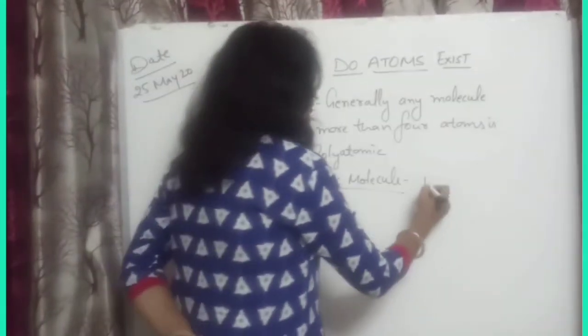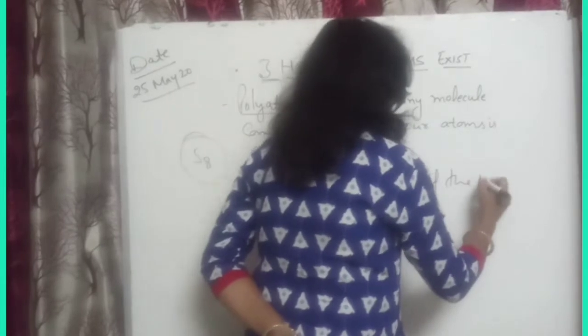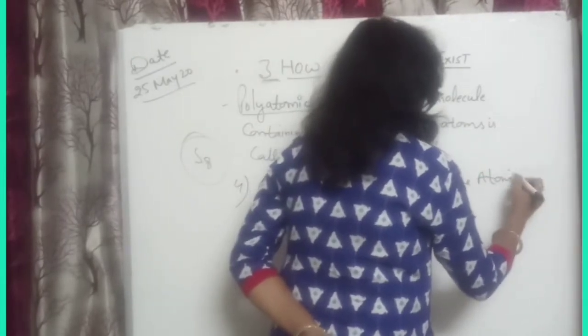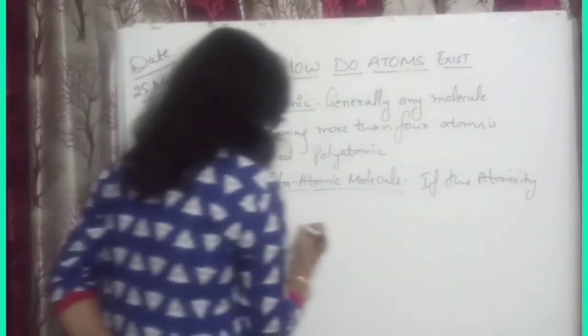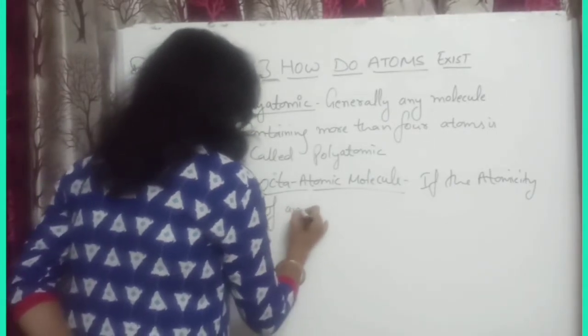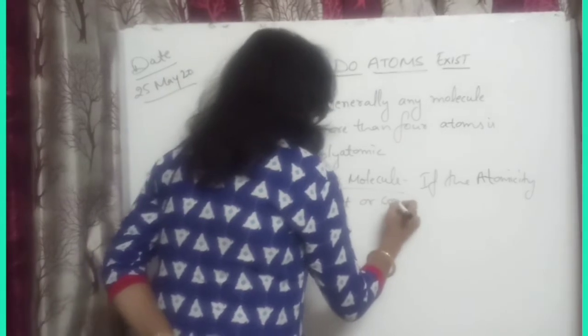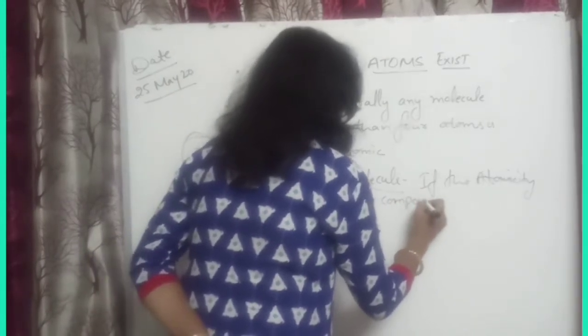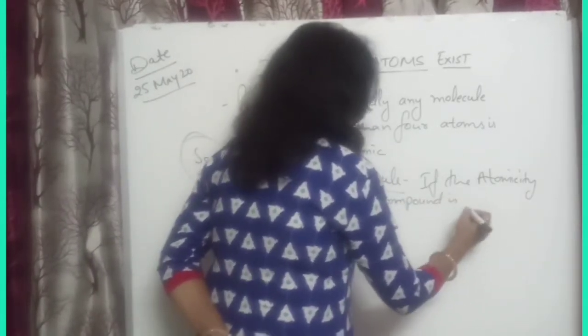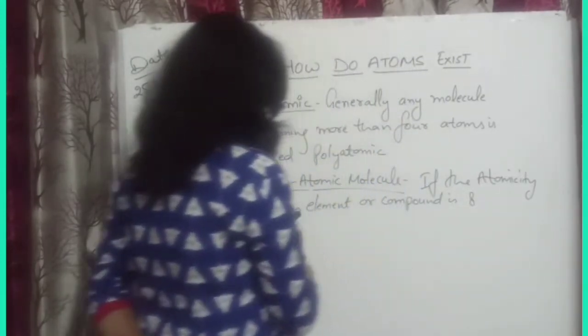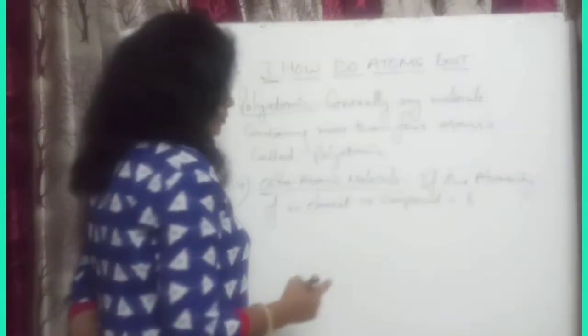So if the atomicity of an element or compound is 8, then it is said to be an octaatomic molecule.